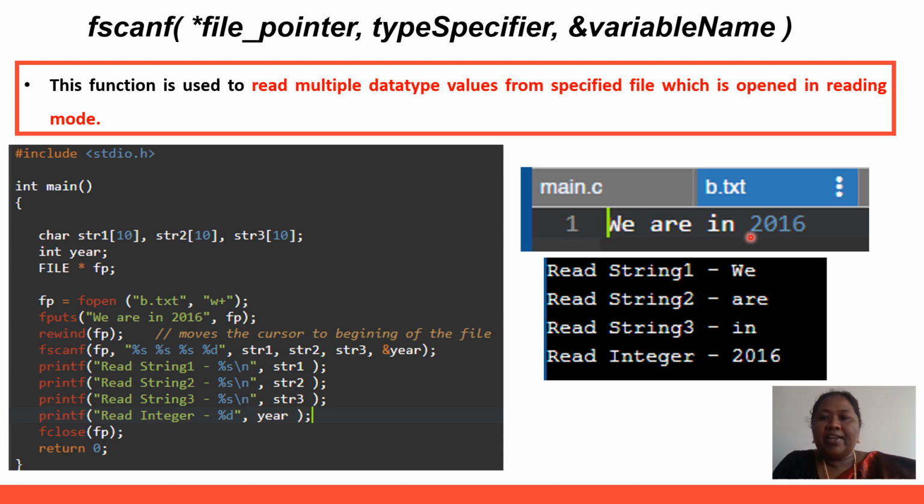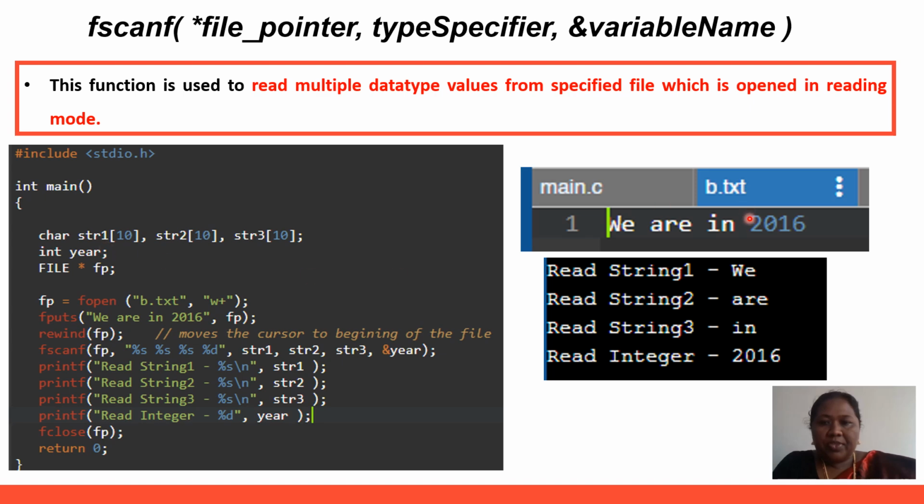For example, the file contains text as well as numerical data. If you want to fetch them one by one, you extract based on the space in between, identifying the next character and fetching it. Each one is treated as a string. So you read multiple data types with the help of this fscanf function.